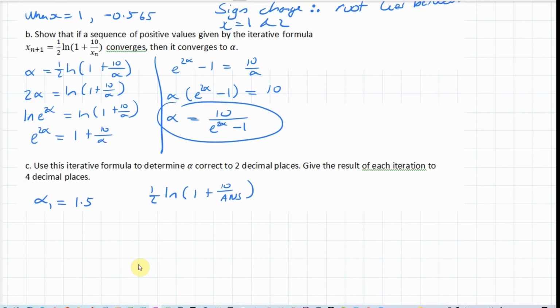So what does this get me? Ln 1 plus 10 over ans. Okay, so my second value is 1.0. Is that right?